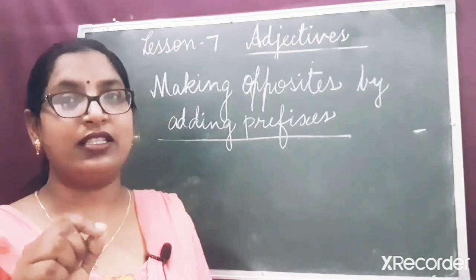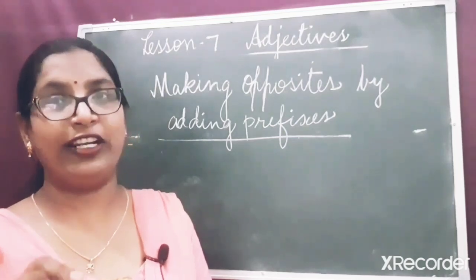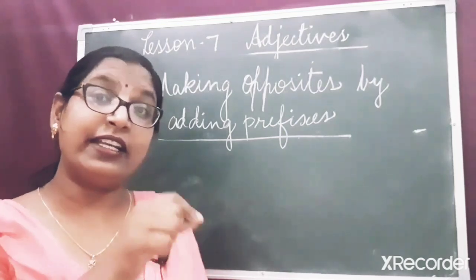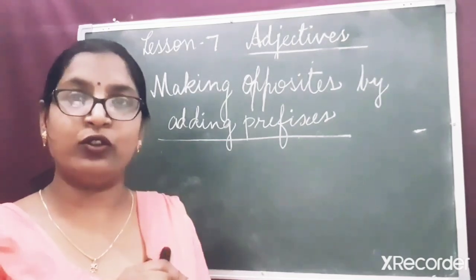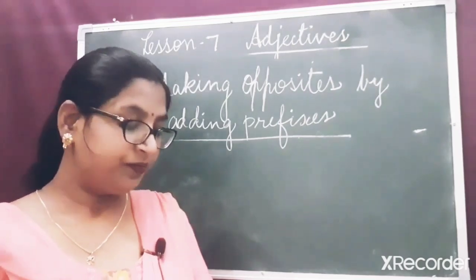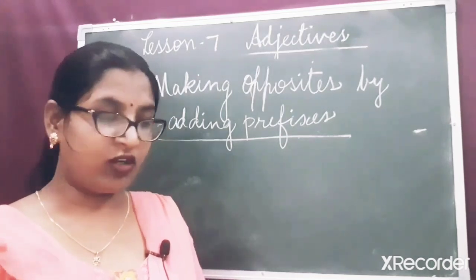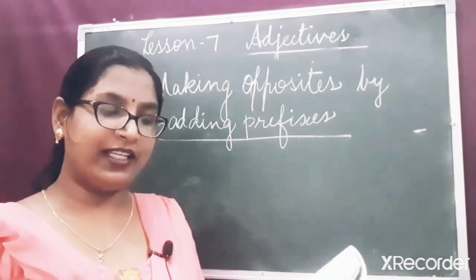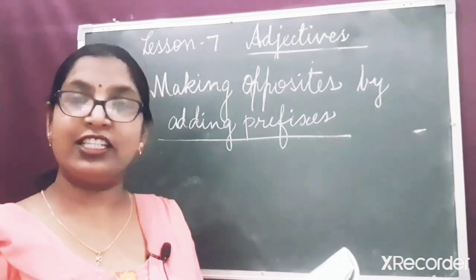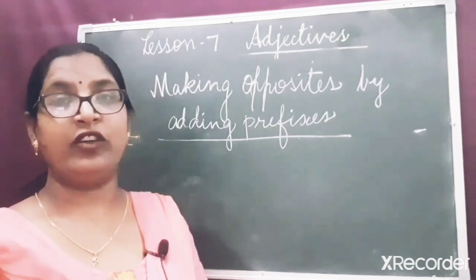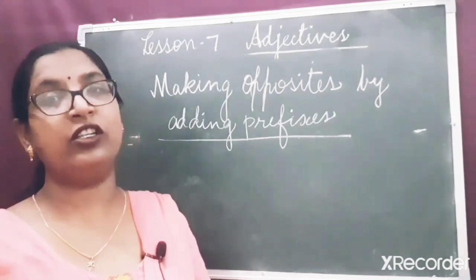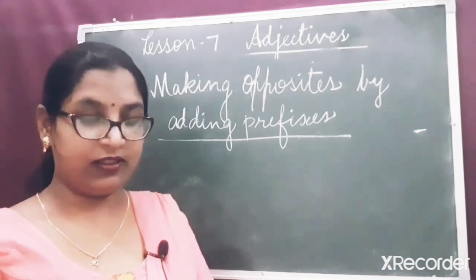A prefix is a letter or group of letters added at the beginning of a word and we get a new word. So let us see this topic. We can make opposite words or negative words by adding prefixes to them.